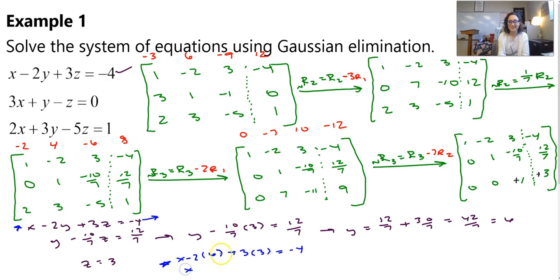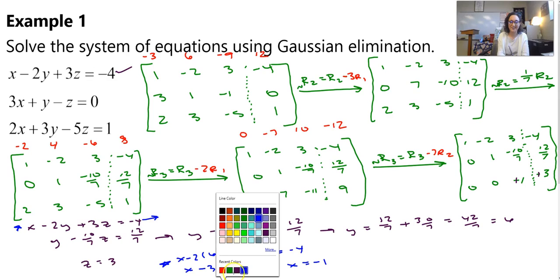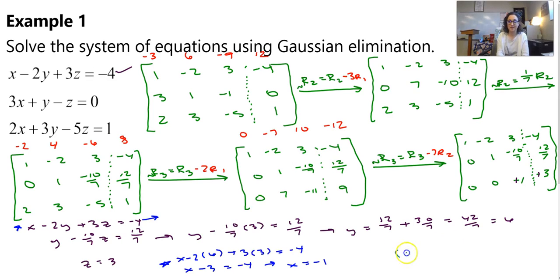So I've got x, this is -12, this is +9, -12 plus 9 is -3. So if I add 3 to both sides, I get that x equals -1, okay? So final answer is this ordered triple, -1, comma, 6, comma, 3, x, y, z.